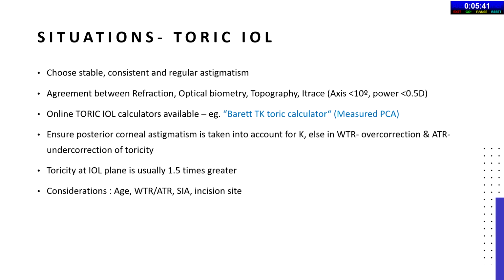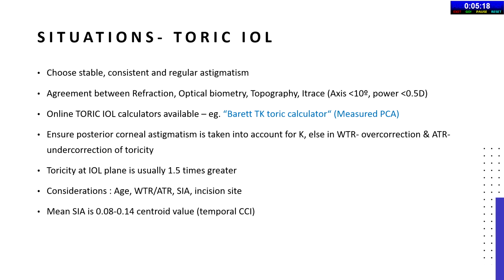And for all toric cases, we should also consider the age, because the astigmatism may change as the patient ages, and also whether it is with the rule or against the rule, and also the surgically induced astigmatism, which was emphasized, that all surgeons can actually calculate their own SIA by visiting the drhill.com site.